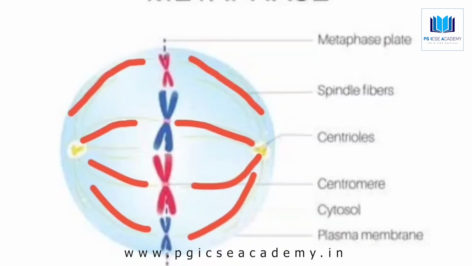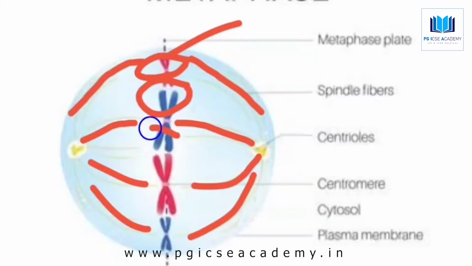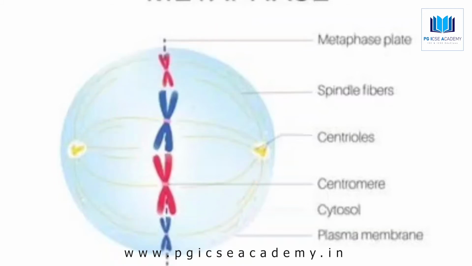If this is the spindle fiber and this is the part where the two parts of the chromosome are attached, called the centromere, as we have seen previously, then each chromosome gets attached to the spindle fiber. That is, the centromere of the chromosome gets attached to the spindle fibers.